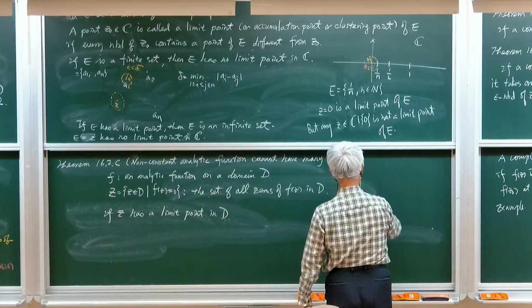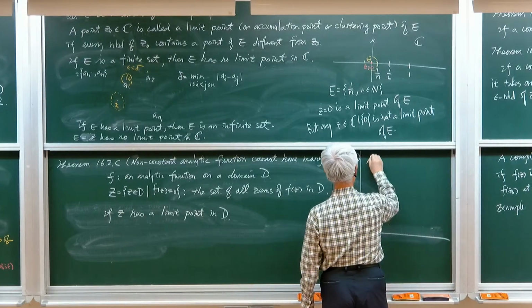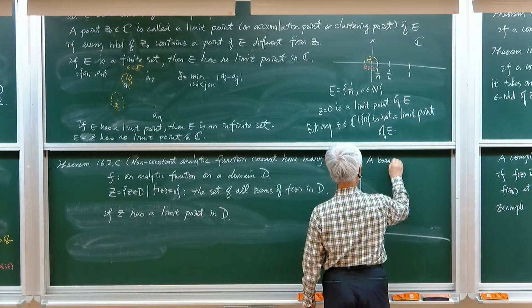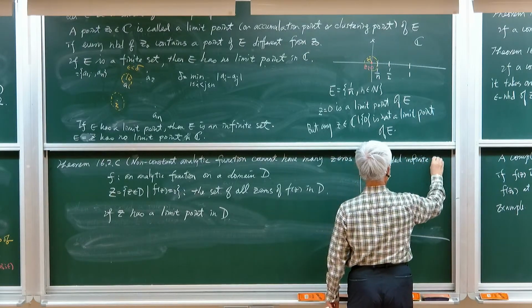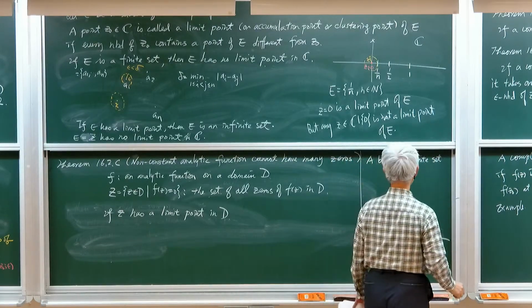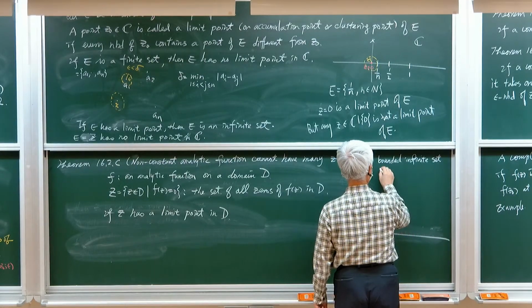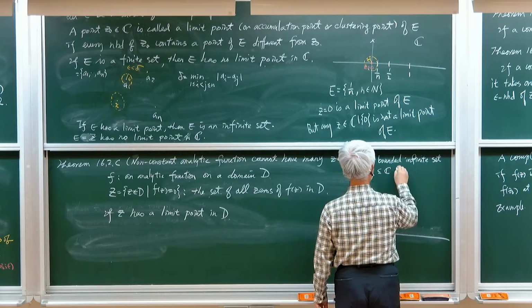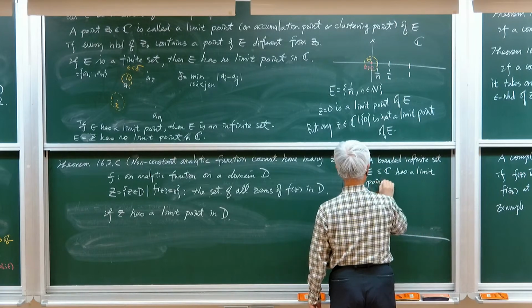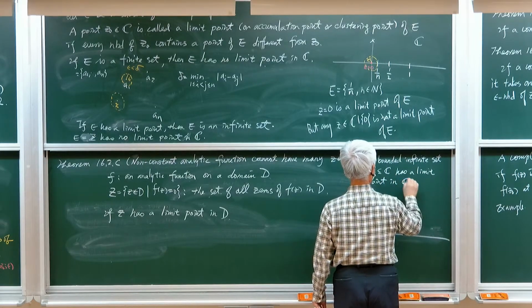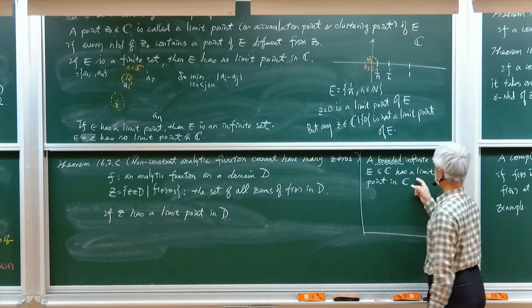But a very interesting thing is that a bounded infinite set E has a limit point in C. If the infinite set is bounded, then it has a limit point.